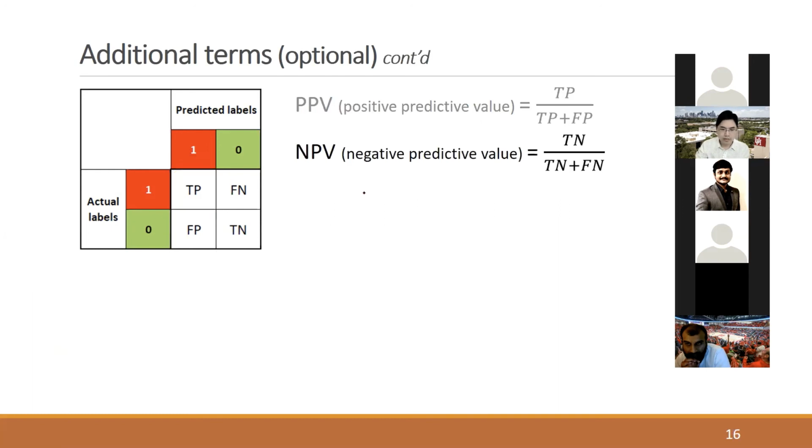The other side is the negative predicted value. You identify the true negative out of the negative prediction column sum. And this one doesn't have a nickname. So these two are optional, even though many papers also refer to these. The rate versus the value, they are useful in their own way.